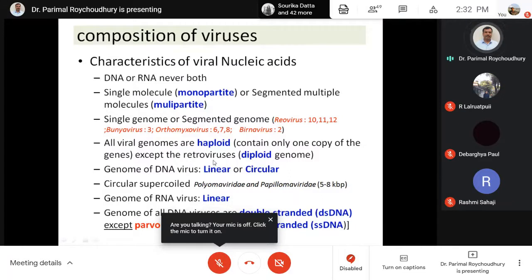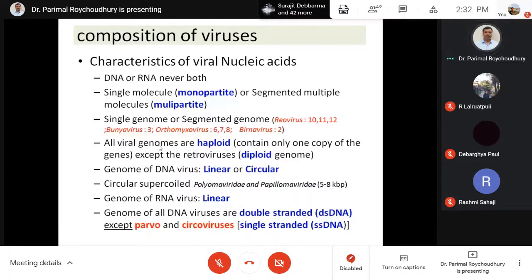They include diseases like bovine immunodeficiency, human immunodeficiency, and tumorigenic infections like avian leukosis. So all these retroviruses have a diploid genome, meaning each gene is present in duplicate copy.